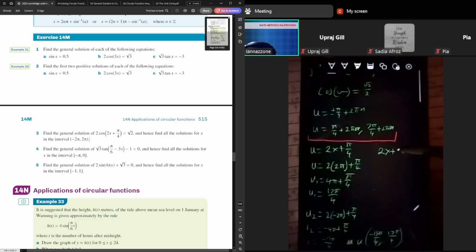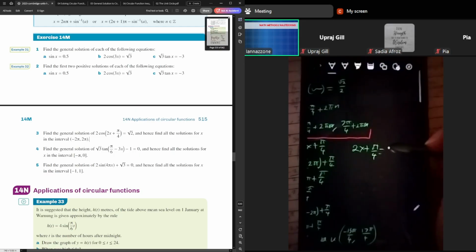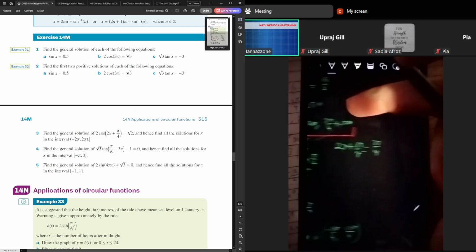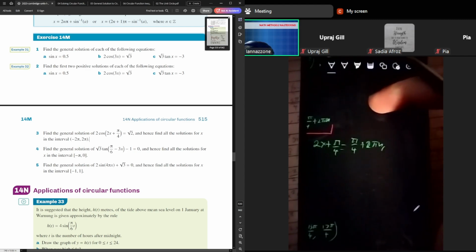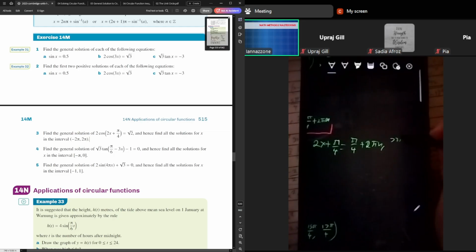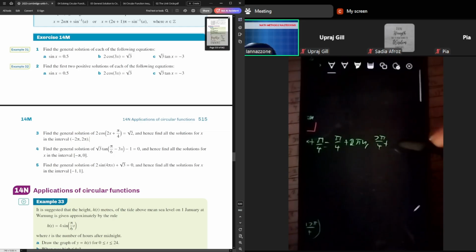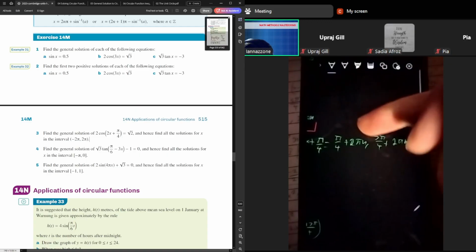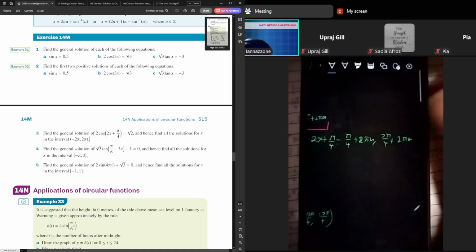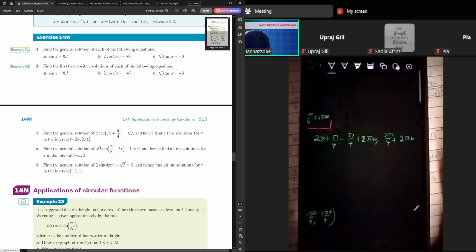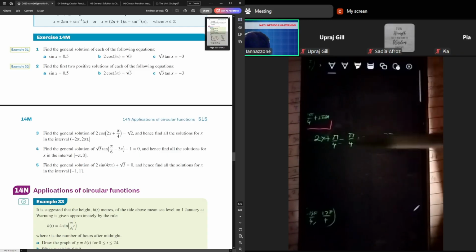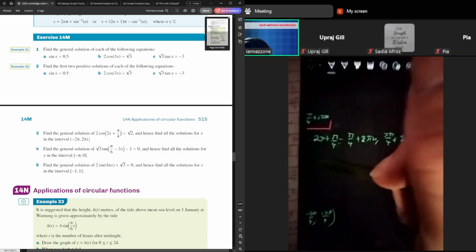So you got 2x plus pi over 4 is now equal to pi over 4 plus 2 pi n, and you've got the 7 pi over 4 plus 2 pi n. If you are working with negative pi over 4, that's fine, that also works. I'm just going to go with this one because it's one possibility. Next, we're going to unravel this, which means subtract pi over 4 from both sides.